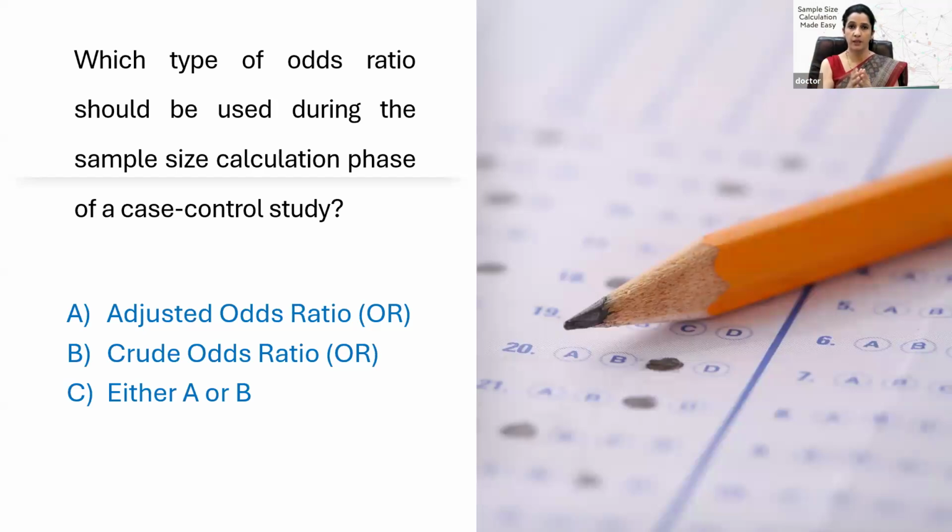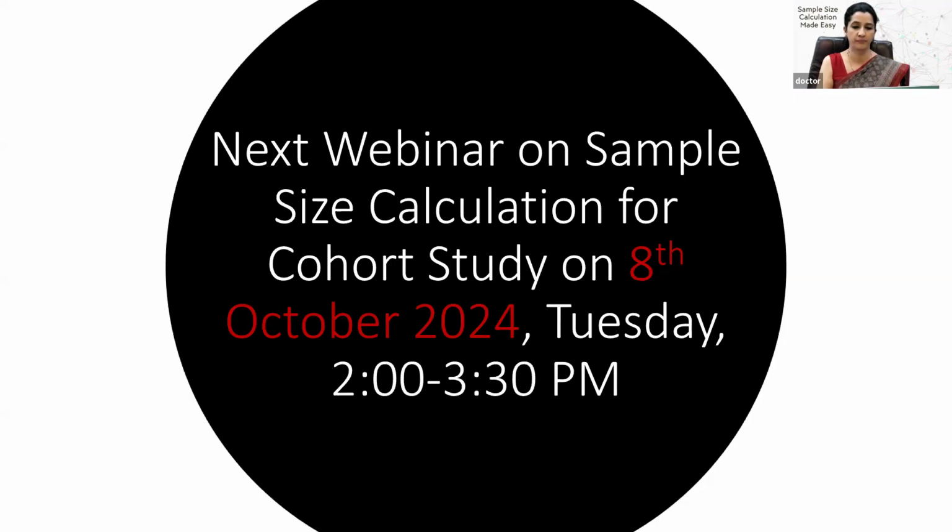Depending on the number of confounders and the number of models, your adjusted odds ratio will keep on changing. So you don't want to calculate a sample size on something which is changing. That's why you use a crude odds ratio, not an adjusted odds ratio, for the calculation of sample size in a case control study.